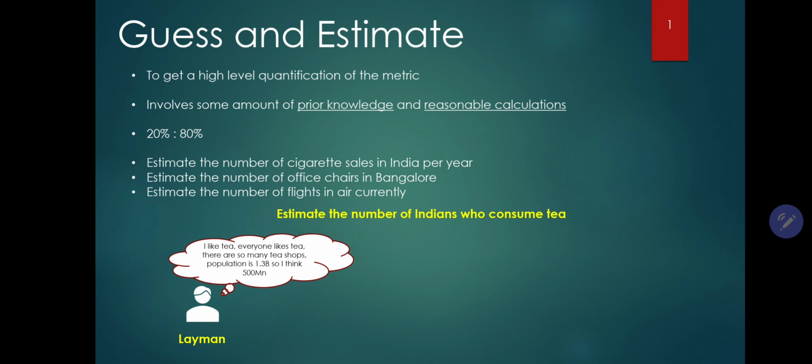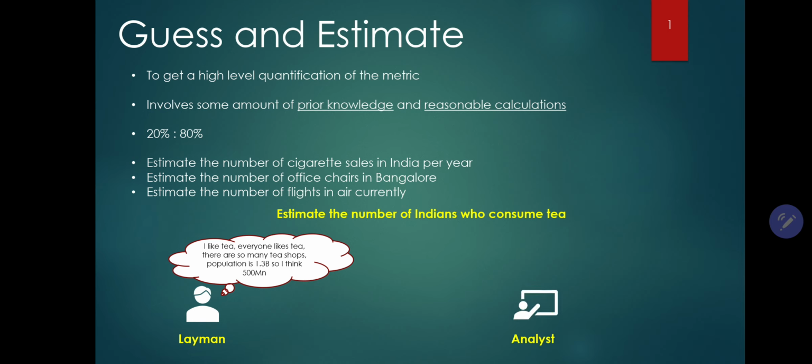Considering the population of 1.3 billion, I think 500 million is a good estimate. This is one way of solving the problem, but the issue comes while supporting this 500 million, which is your final answer.